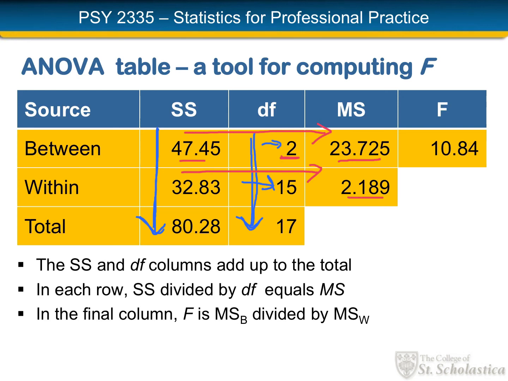And finally, those 2 components are in exactly the right order to put a dividing line between them and calculate the ratio, 23.7 divided by 2.189, and I get my F statistic. So the table reminds you of the relationships, lets you carry them out, and also displays the results.